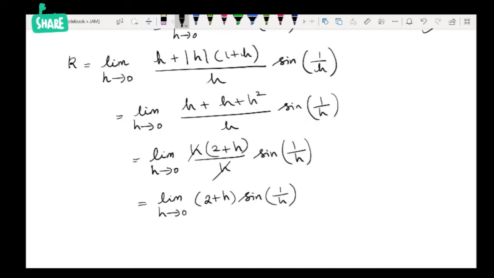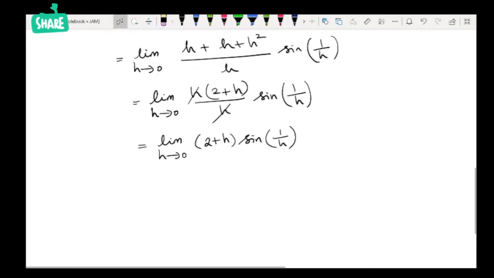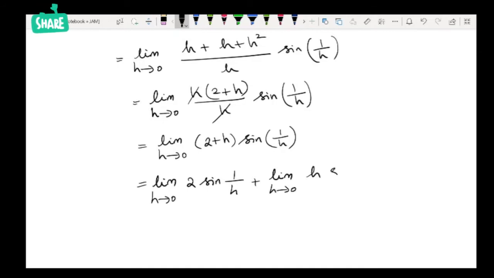Now we can actually separate the limits, so that we'll be getting limit h tends to 0, 2 sine 1 by h, plus limit h tends to 0, h sine 1 by h. So the first one is actually sine of 1 by 0, which is undefined, but the second one is 0 times something, so that will become 0 actually.